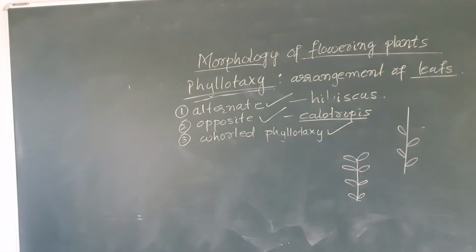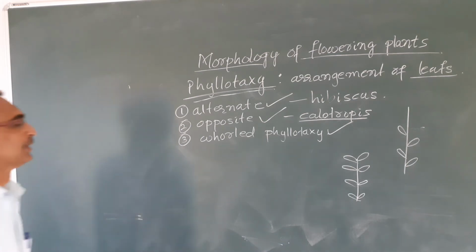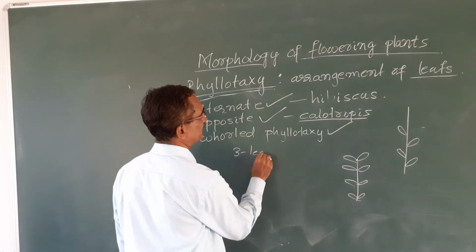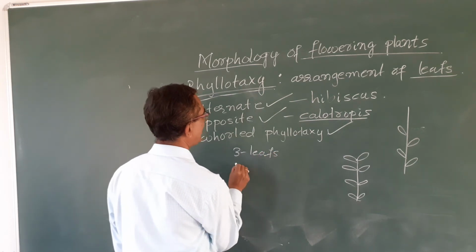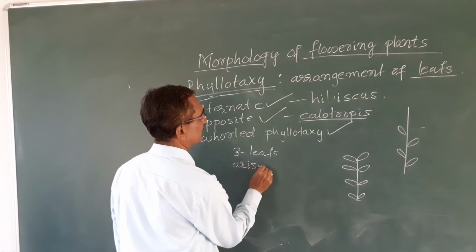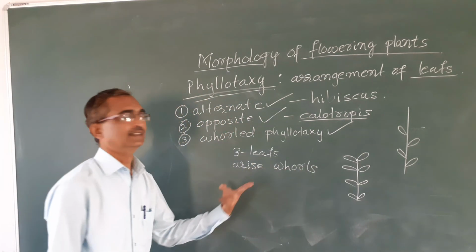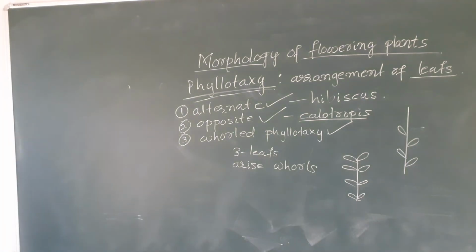And the next one is whorled phyllotaxy. Here, three or more leaves arise in whorls at each node.